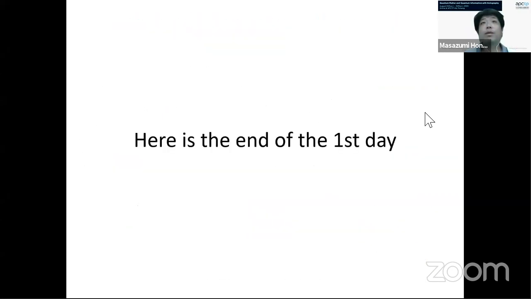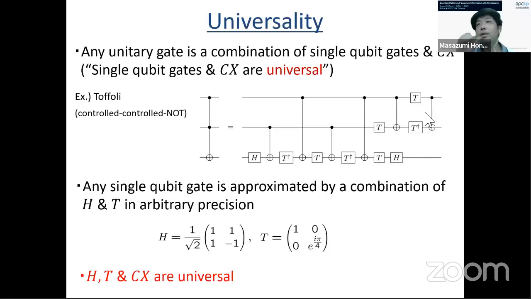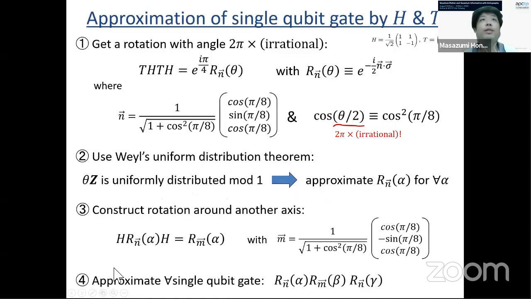So if not, before going to the content of the second day, I'd like to explain a bit more detail on the universality thing. Last week I explained that H, T and CX are universal, and this is based on the fact that any single qubit gate can be approximated by a combination of H and T. And the proof was given by this argument.